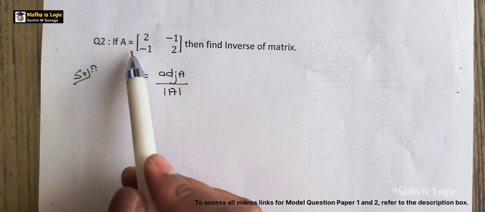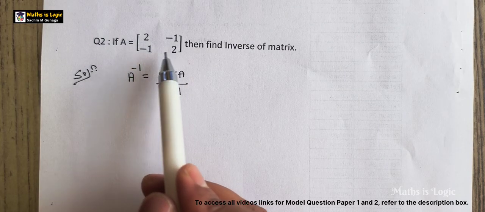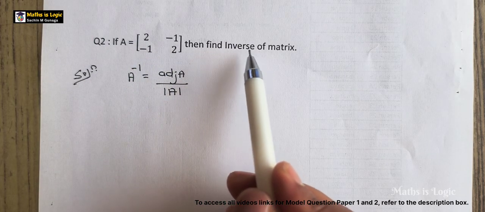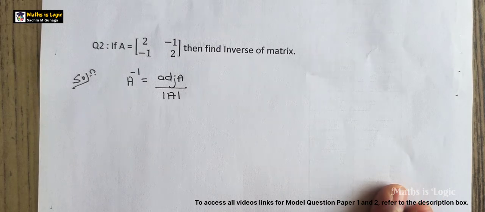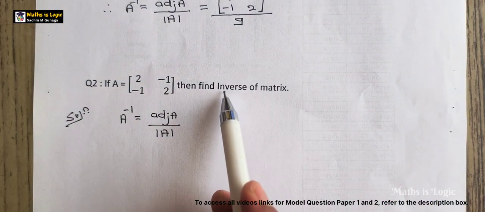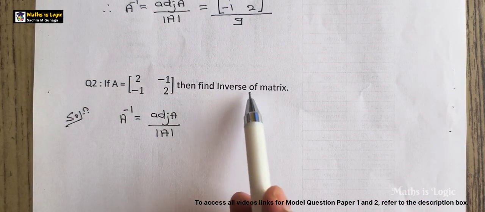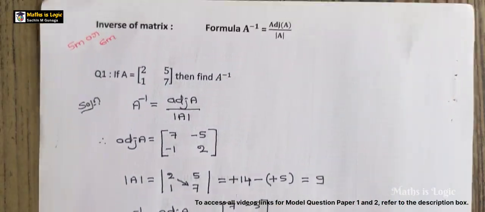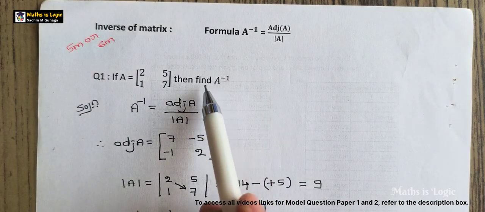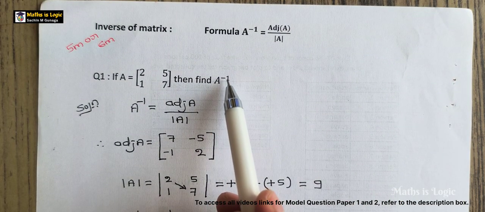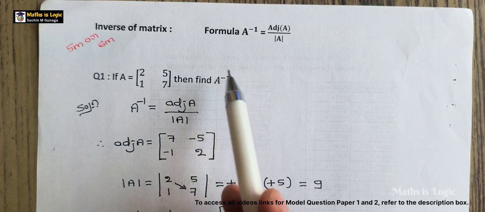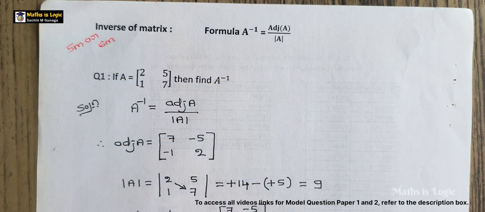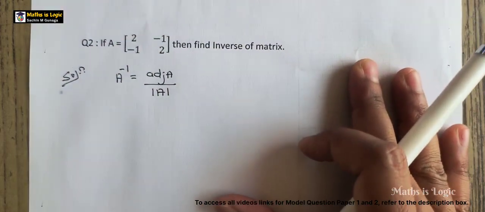Next question. If A is equal to 2 minus 1 minus 1 2, then find inverse of matrix. See here, sometimes in words they will give find inverse of matrix, otherwise sometimes symbolically they will give find A power minus 1. Remember, A power minus 1 is nothing but inverse of matrix.